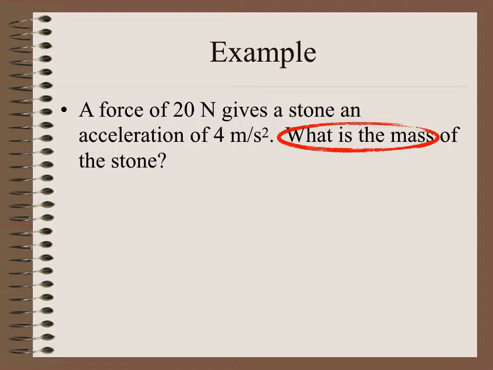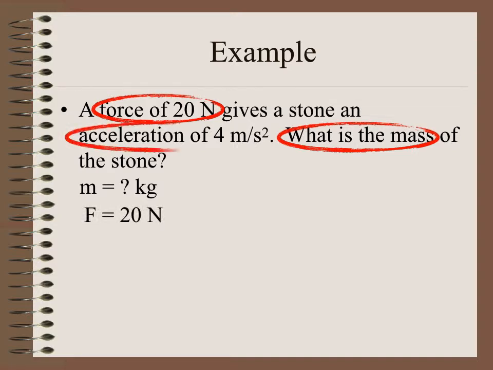So this is another case where it is very important to read the problem carefully to see what information is given. Just as in the scientific method, gathering information is very important. So we can see that we have a force of 20 newtons and an acceleration of 4 meters per second squared.